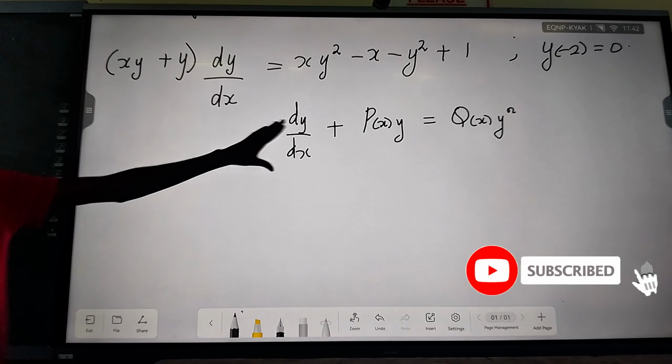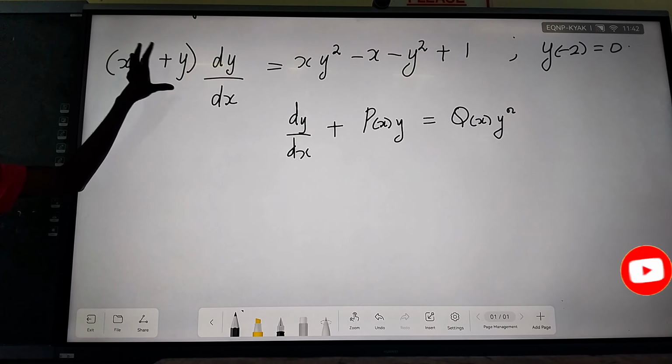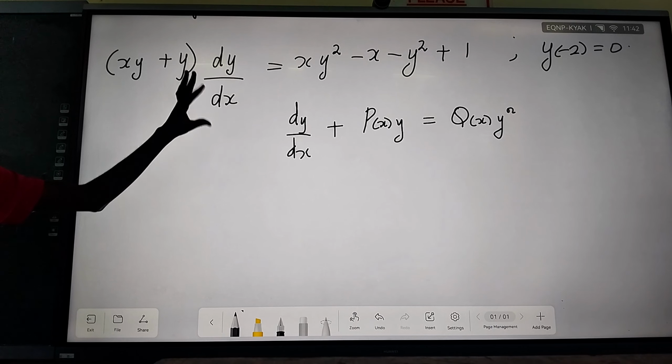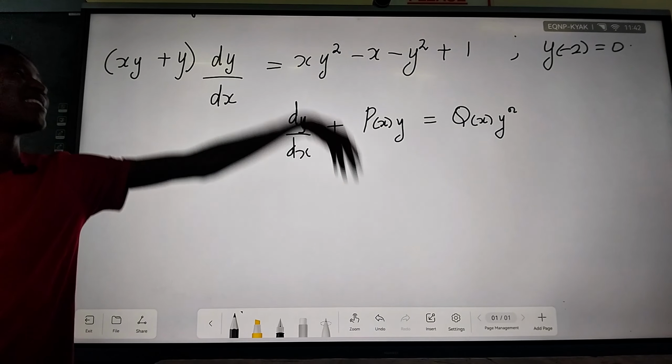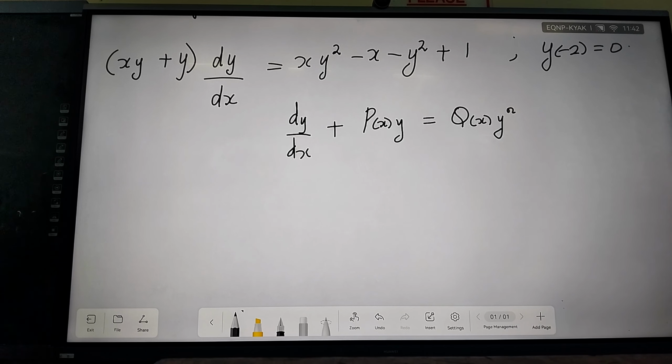Let's see if we can make it this format. We want dy/dx multiplied by 1 in this format. What mathematics can you do here? Simplify a lot more, or can you do separable equations here?